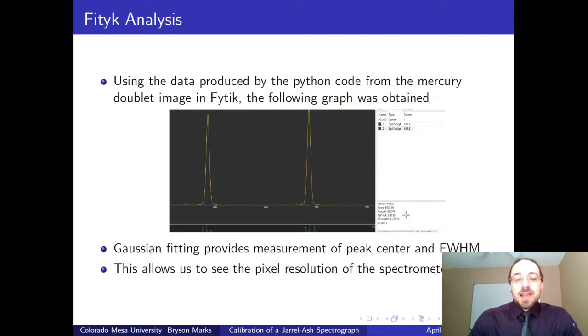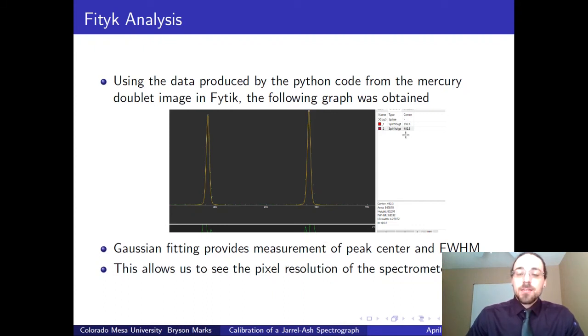To understand the pixel resolution of our spectrometer, I decided to use the data in the program Fityk. Using the data in Fityk enables this graph, where we can see the location of the center of our peak as well as the full width half maximum.